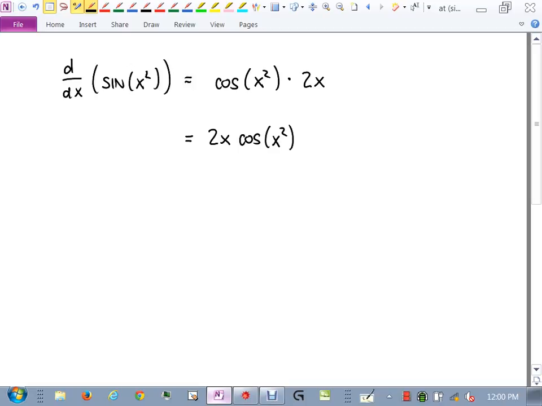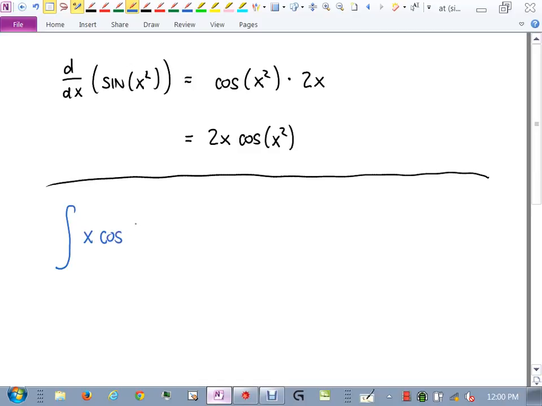Rhetorical question. How comfortable are you with that? Because that is directly related to the next thing I want, which is for us to find the antiderivative of x cosine x squared dx. Two different problems, right?